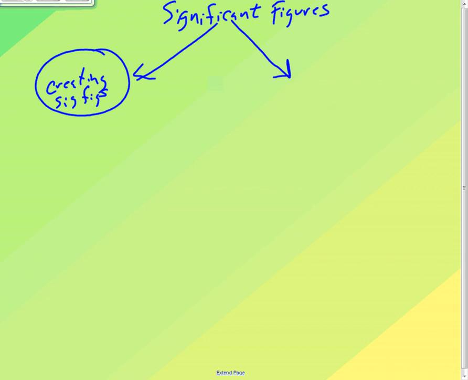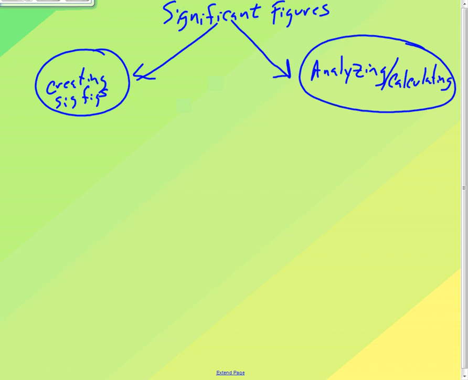And that would be then when you are analyzing or calculating with sig figs. Okay, good. So we're over here, we're in the lab. So this is usually done in the lab. You have a reading and you need to figure out what to write down.